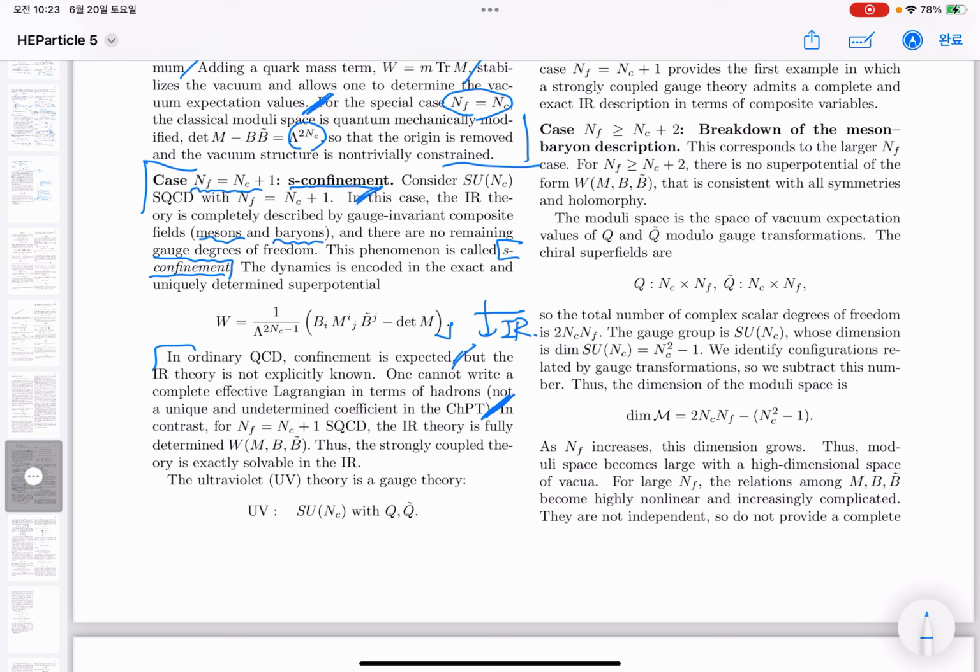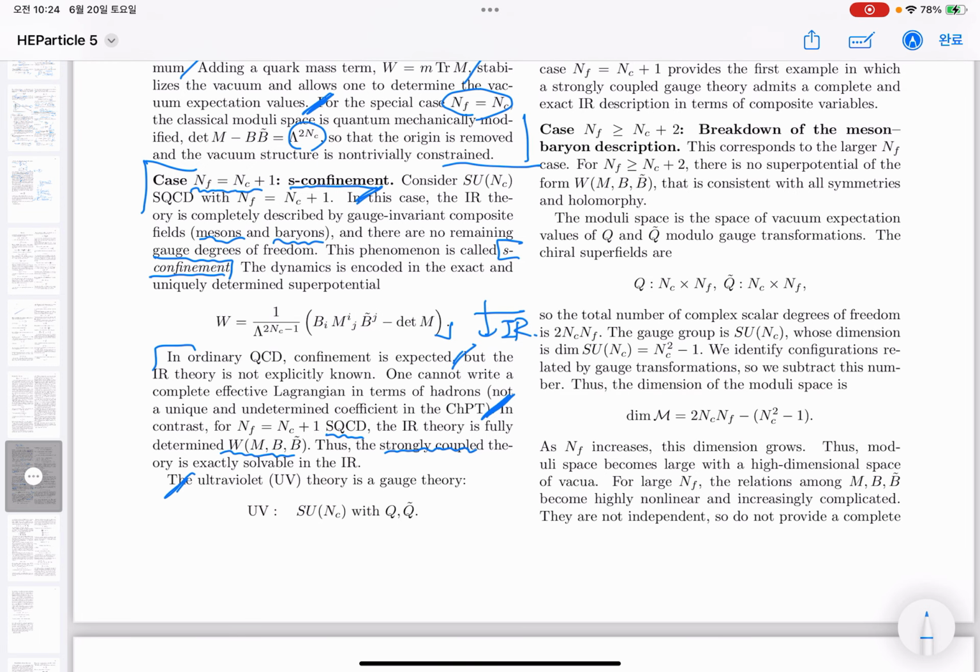But if you consider supersymmetric QCD with NF equal to NC plus 1, the IR theory is fully determined by the meson, baryon, and antibaryon operators. So we can determine the exact and unique superpotential. So the strongly coupled dynamics can be exactly solvable in the IR limit.